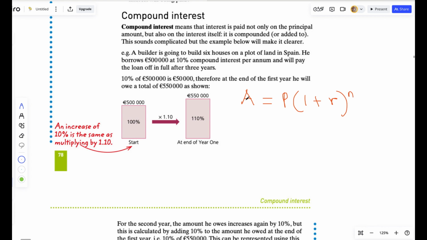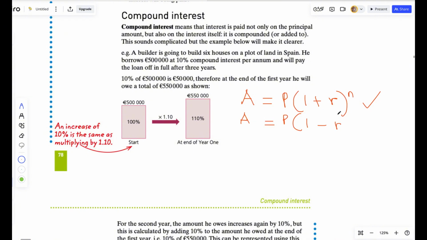This is the usual compound interest, the one they take from you. But sometimes we have a minus if something is depreciating. This is for something that is appreciating. But if something is depreciating, like the value of your car, anything that depreciates, the compound interest formula will automatically become P into 1 minus R raised to power n.